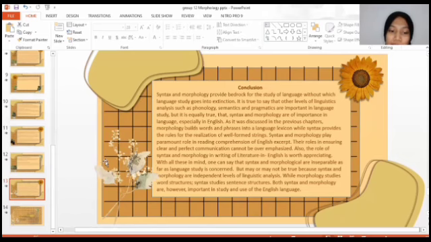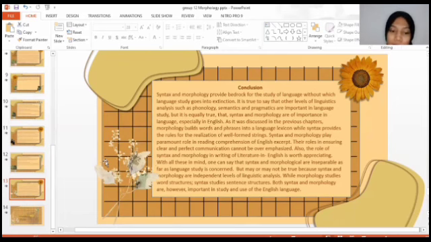With all this in mind, one can say that syntax and morphology are inseparable as far as language study is concerned, but that may or may not be true because syntax and morphology are independent levels of linguistic analysis.